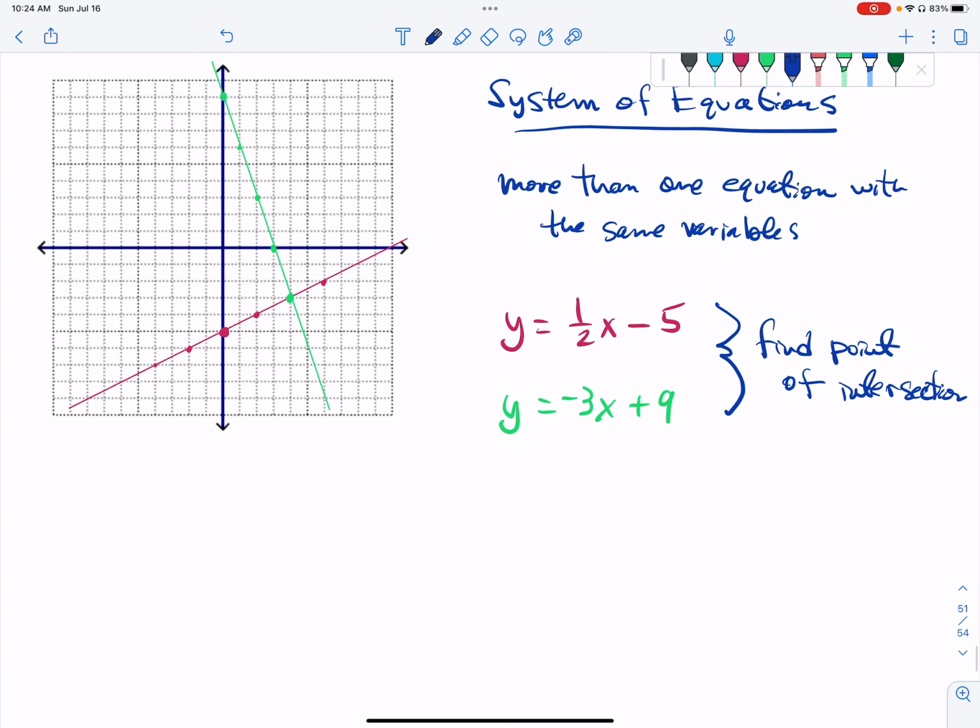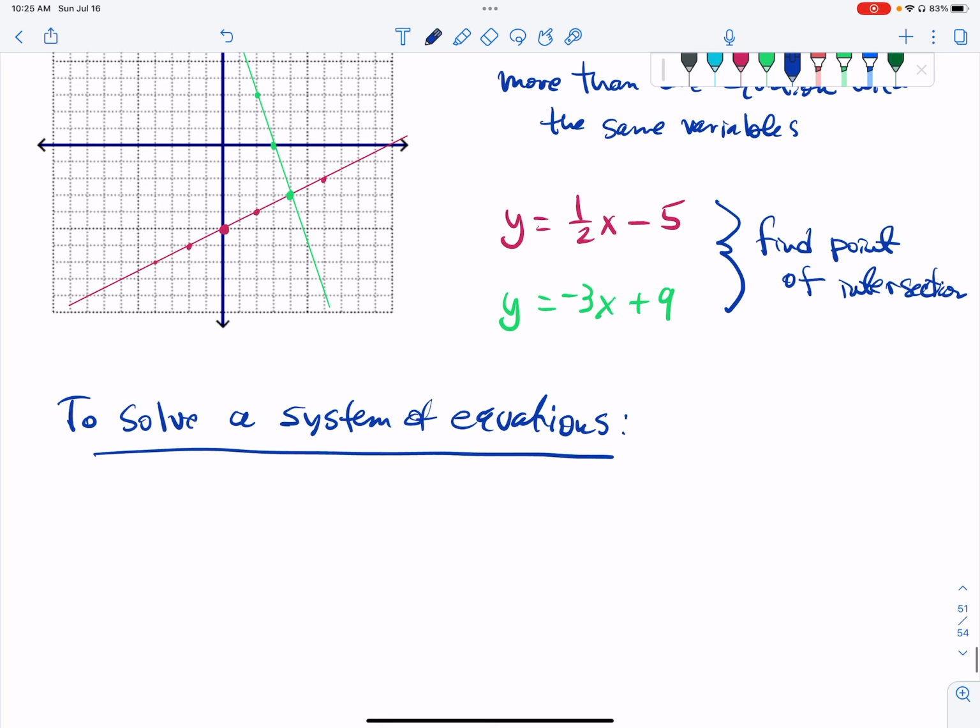So to solve a system of equations, you've got number one, method: graphing.